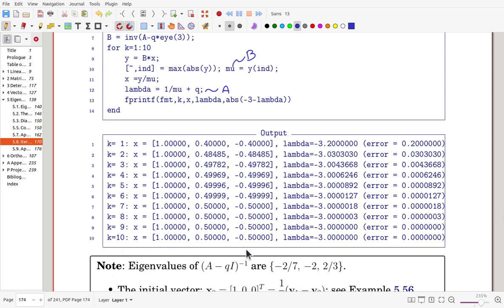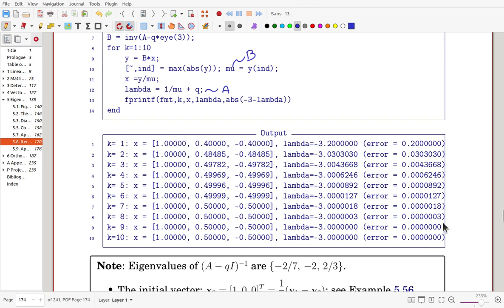It must be an approximation to the eigenvector for the second one. Now here lambda is approaching −3, the second eigenvalue, and the error is reducing in this way.